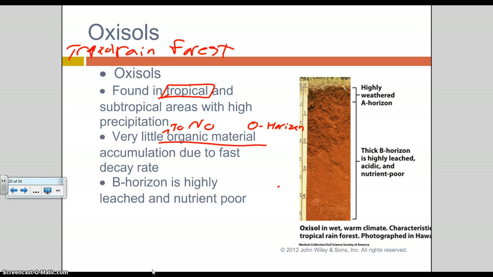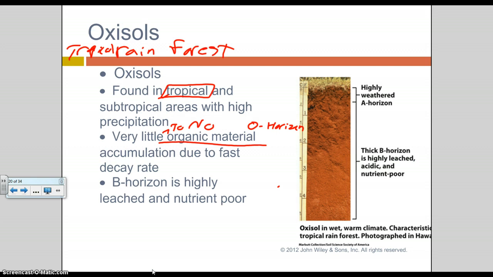And so when a leaf or any organic material hits the forest floor, it's consumed before it has an opportunity to decay by all of the insects and scavengers and whatever else is in the tropical rainforest, eating up that organic material. So it doesn't have time to release its nutrients back to the soil, so you end up with a very nutrient poor soil.